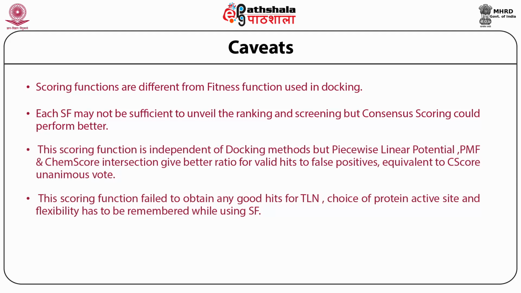But C-score actually failed very miserably when it was tested with thermolysin. What happens is that thermolysin has a metal binding site, and that is functionally important. Hence, somewhere this protein active site is influencing and not allowing the evaluation of all the points very successfully.